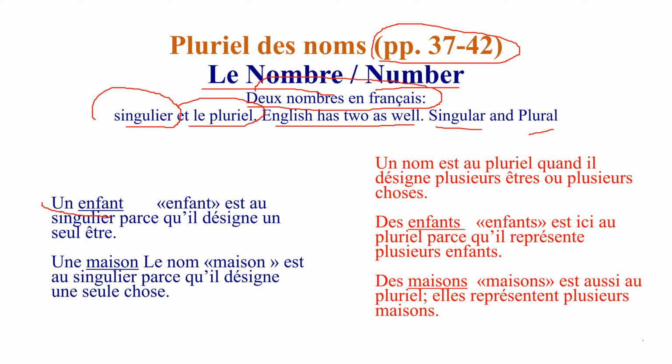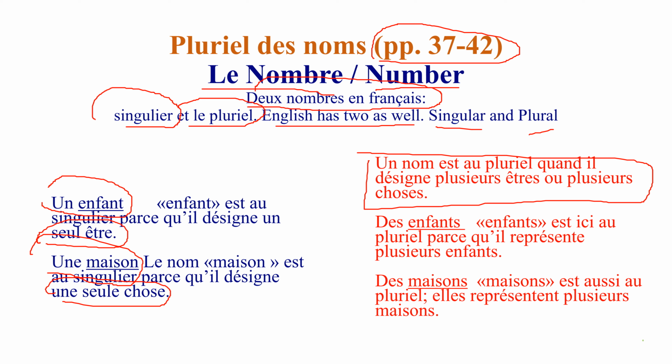For example, if we say un enfant, enfant is singular because it refers to only one being. Une maison, the name maison is singular because it points to only one thing. Now, we are saying here un nom est au pluriel, so the name is plural when it refers to more than one.